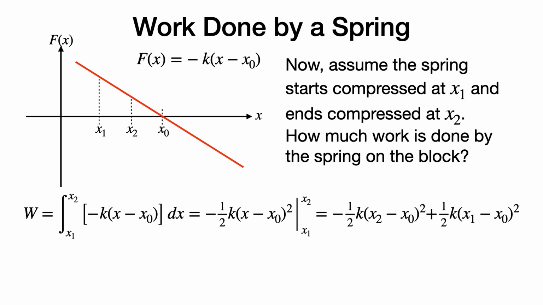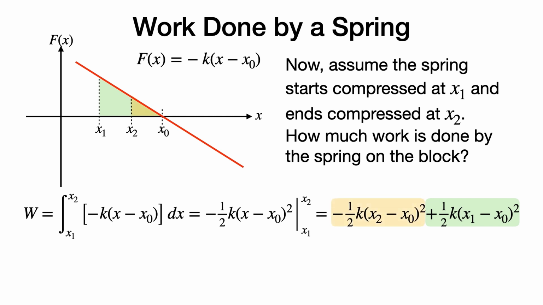We do positive work from x1, but now let's consider going all the way to x naught so we can work out our area as easily as possible. So the area in green is 1/2 k times x1 minus x naught squared. But that's a little bit too much work because we didn't go all the way from x1 to x naught. We only went to x2. So we need to subtract from this the amount of work done between x2 and x naught.